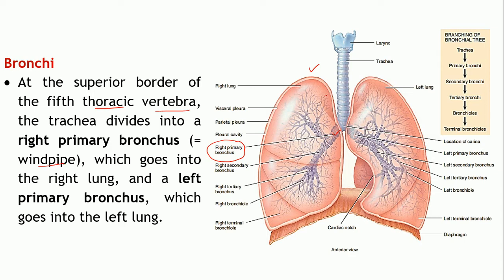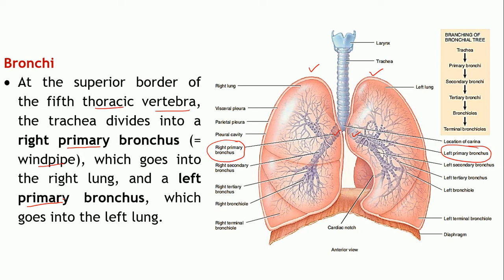The one which enters the left lung is known as the left pulmonary bronchus. So it divides into two bronchi, and these are known as the primary bronchi. Primary in the sense that it is the first order division from the trachea.